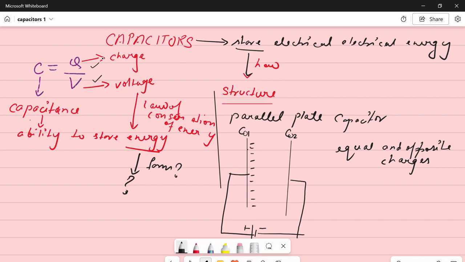And on conductor 2, again, according to the electrostatic laws, the negative terminal attracts the positive charges. So here, all the positives will get concentrated. And like we talked about, they will be equal and opposite. So my Q1 will be equal to Q2, but one will be negative, another will be positive. However, in magnitude, they will be equal, right?